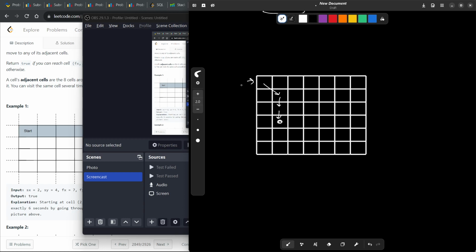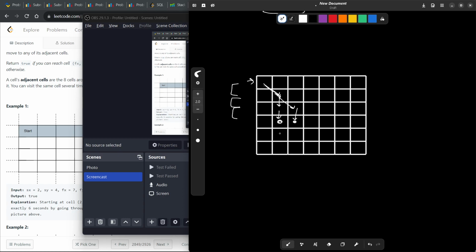So the total number of seconds that you took was 3 seconds, 1 here, 2 here and 3 here. Now if you moved one step to the right, how is the answer going to change, or is it going to change? The answer is still 3, because the difference in the cells is 3.